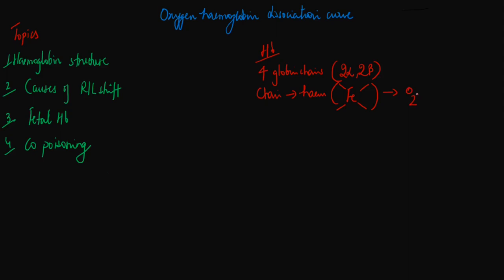Okay? And as we have 4 porphyrin rings, each molecule of hemoglobin can therefore bind 4 molecules of oxygen. So let me just roughly illustrate this.